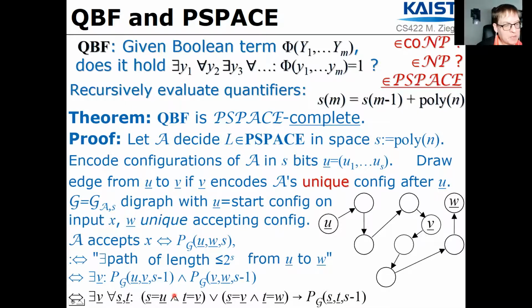You see that here? So let me emphasize that again. This means either S is equal to U and T is equal to V, or S is equal to V and T is equal to W. These are the two cases to consider here.